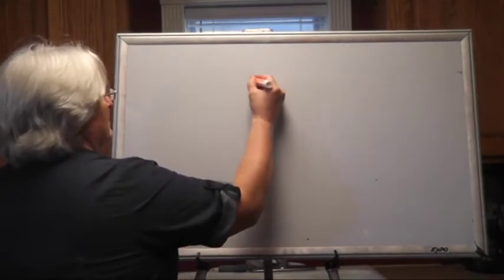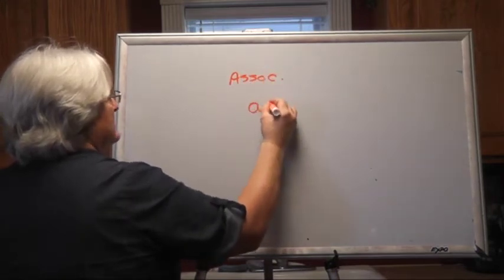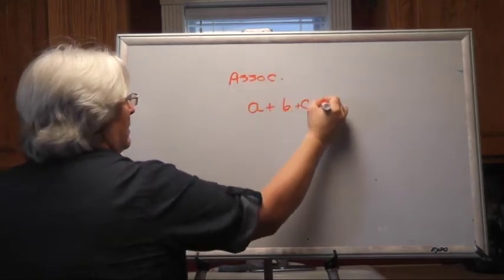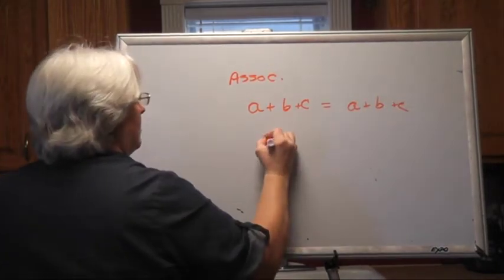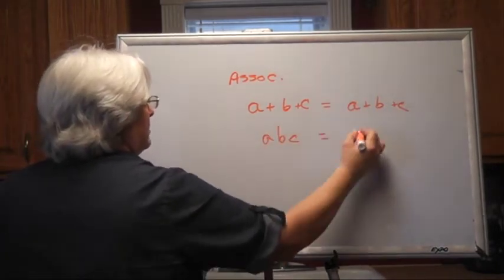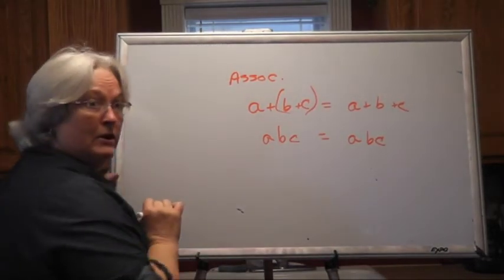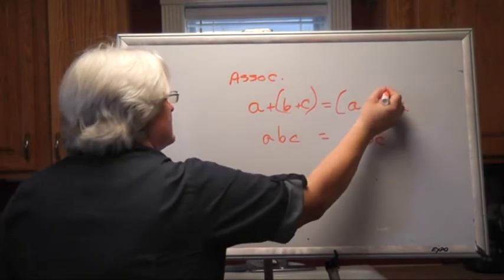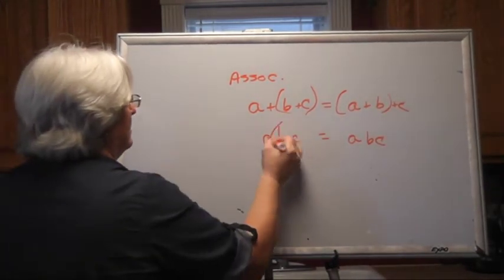Associative, remember the associative property says it doesn't matter how you group when you're adding or multiplying, you will get the same value. a plus the quantity b plus c is the same as the quantity a plus b plus c.